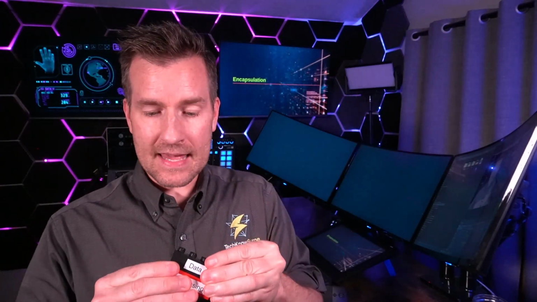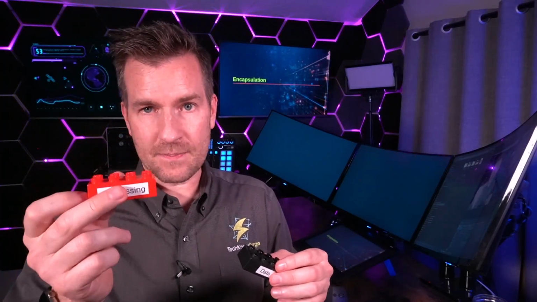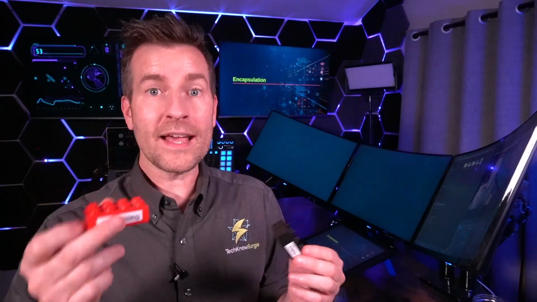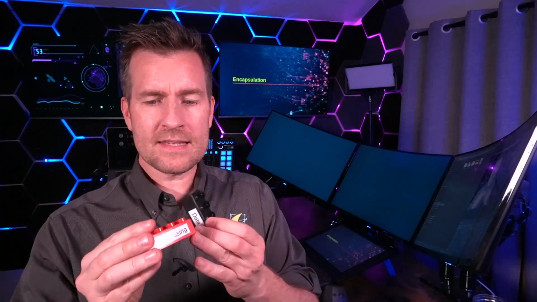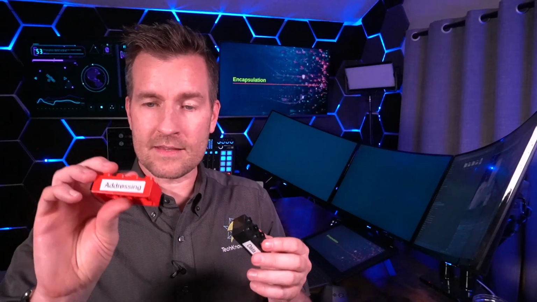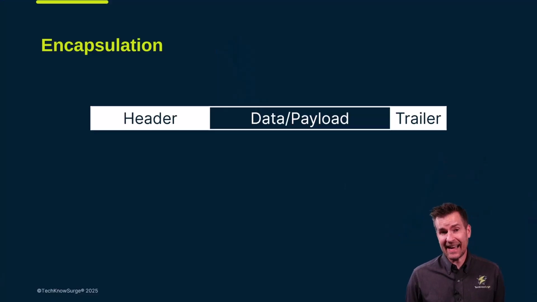Well, this has to be formed in such a way that it's very specific on what it looks like. Well, that's what protocols are. So this is representing a protocol. This is going to represent a protocol that is going to be addressing our data so it can be transferred to the proper location. So if I have a slide that represents this, this is what it looks like.